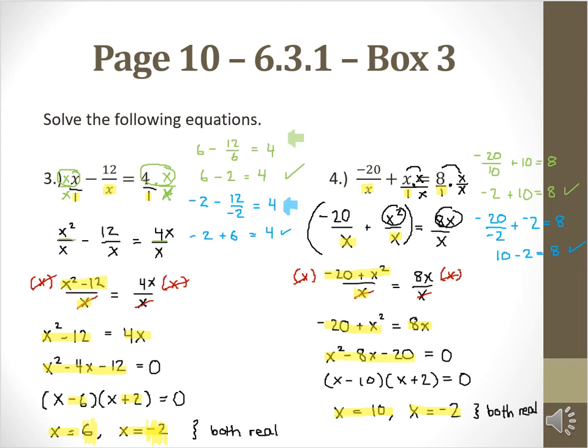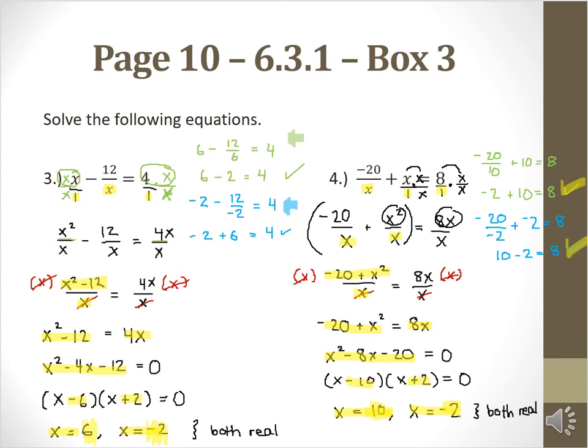And then factor, seeing what multiplies to negative 20 and adds to negative 8. It gives me factors of negative 10 and positive 2, and therefore the final solutions are positive 10 and negative 2. And both of those check out when you plug them back into the original equation, so we have two real solutions.